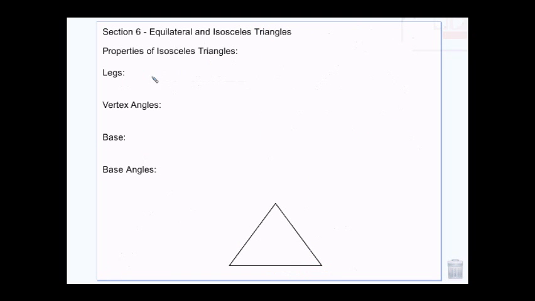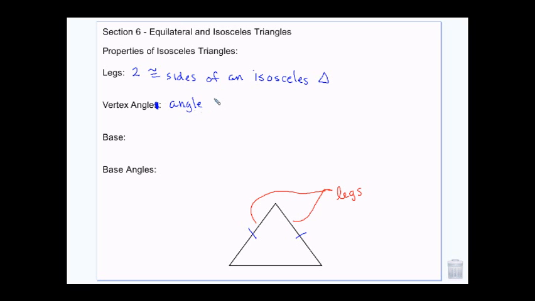We have properties of isosceles triangles. The legs are the two congruent sides of the triangle. So if these two sides are congruent, these are the legs. The vertex angle is the angle between the two legs.